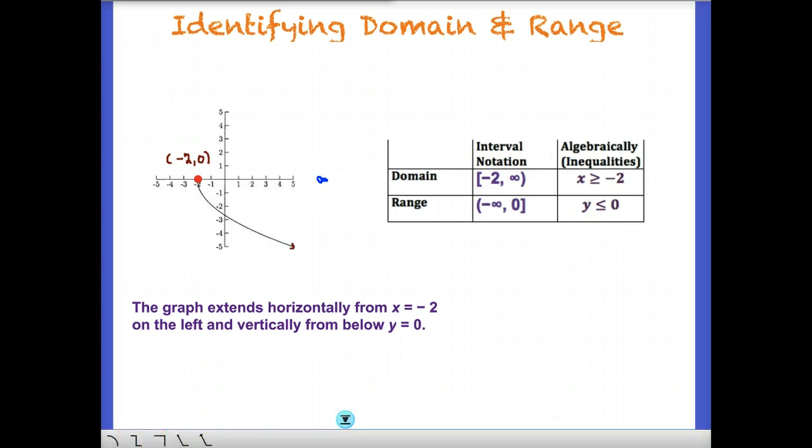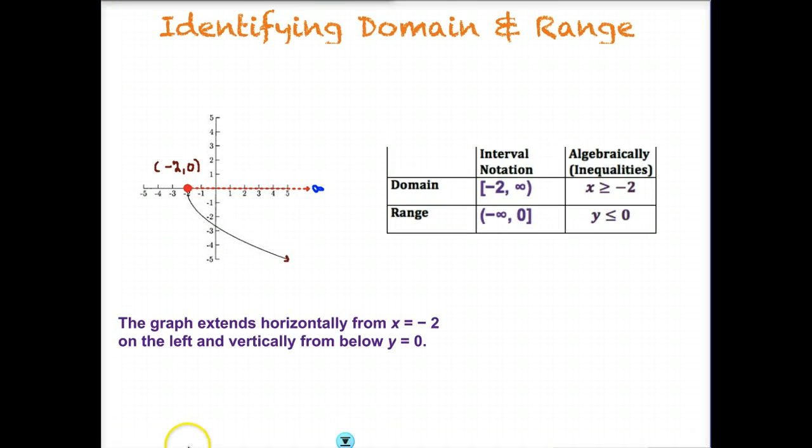It never stops. So if I draw where this line is going, it's going in that direction. Okay, and if we look at our domain over here, we say that x is then greater than or equal to -2, meaning that we include -2 because of the closed circle, and we extend to the right forever. It's greater than or equal to -2.